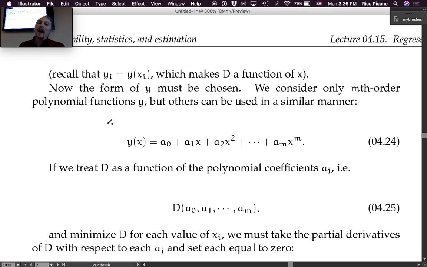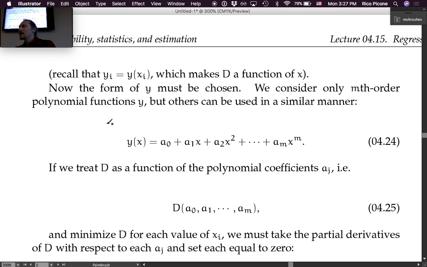Now the form of y must be chosen. We consider only mth order polynomial functions y, but others can be used in a similar manner. Using polynomials is pretty straightforward. You can actually use any function, even very nonlinear functions, because polynomials are nonlinear once you go up to second order, right?